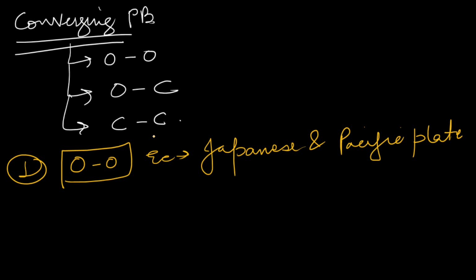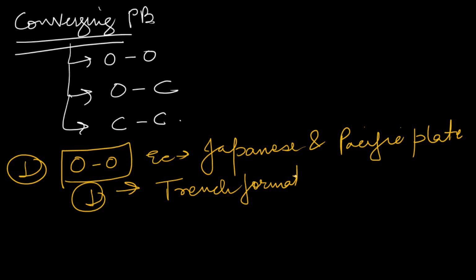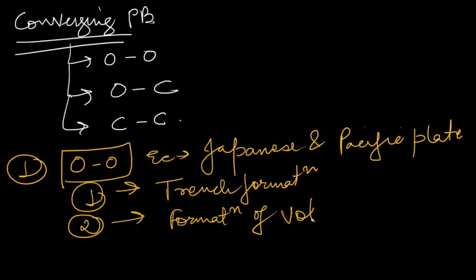In ocean-ocean convergence, in the first stage, you will see the formation of a trench. In the second stage, you will see the formation of a volcanic arc or volcanic mountains.